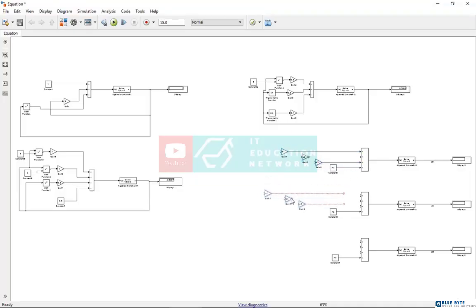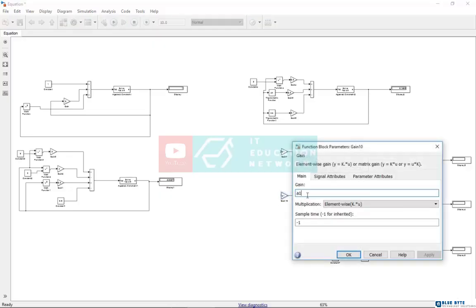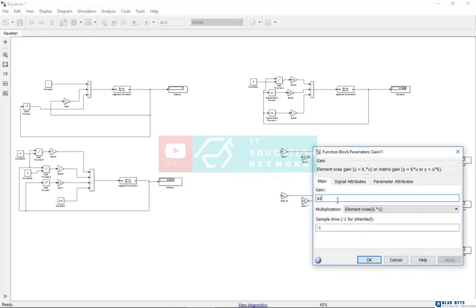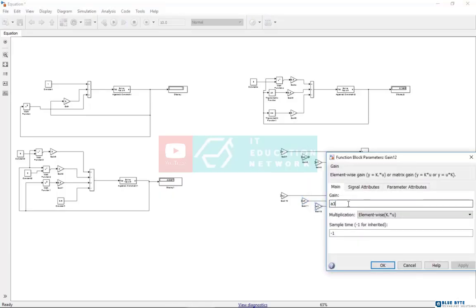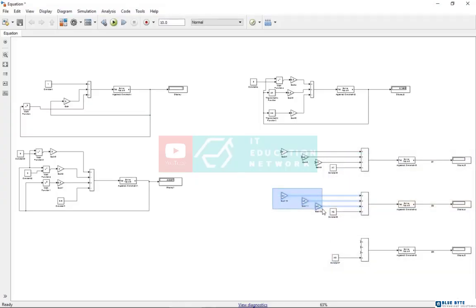I copy and place them here. A4, A5, and A6. I copy and place it here again.